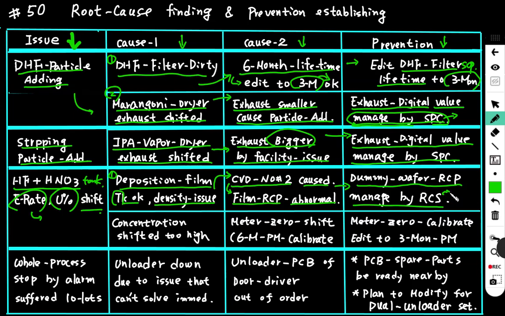When the recipe changes without any SOP rule, the RCS system sends an alarm to the engineer to check it out.